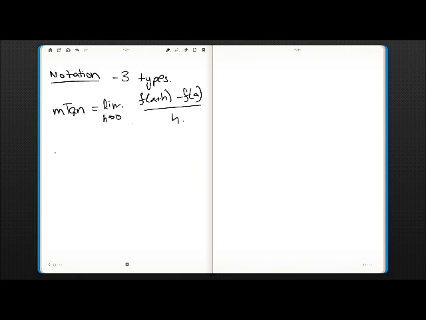You can get a certain value by saying m at x equals a, if you want to substitute the value of x in.